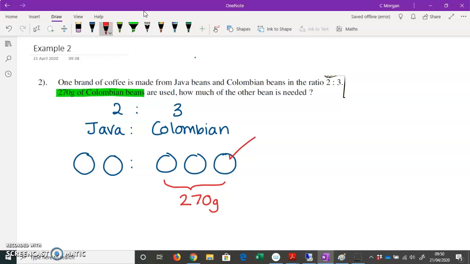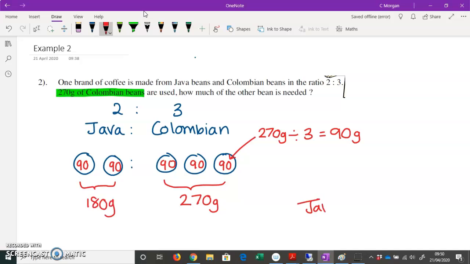If I want to find out what goes in one of those bubbles, I'm going to do 270 grams divided by 3. I know that 27 divided by 3 is 9, so I think the answer to this has to be 90 grams. So I'm going to write 90 in each one of my bubbles. And in my ratio, every single part is the same size, so I can now see that the Javan beans are 90 plus 90, which is 180 grams.